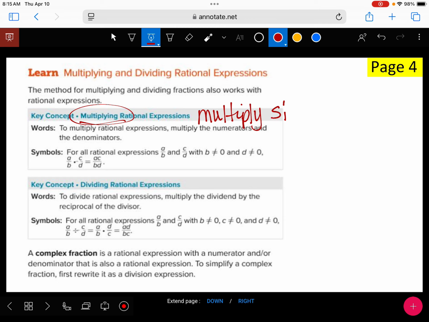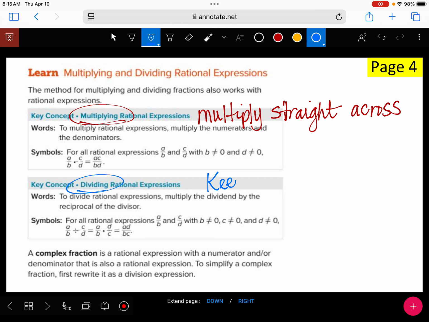So we multiply straight across. But when you see the word divide, I don't know if you remember this from middle school, we do a keep, a change, and a flip when you see division.